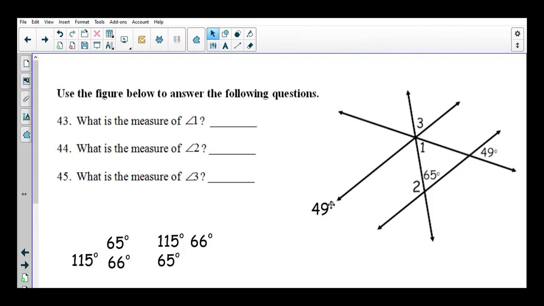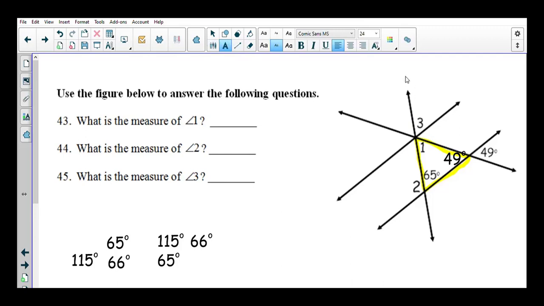So first off, I know that this angle is 49, so that means this angle in here is also 49 degrees. You have a triangle smack dab in the middle of this picture. If you know, which you'll know after the next lesson for sure, that the three angles in a triangle have to add to 180 degrees, the way you could figure out the measure of angle 1 is to do 65 plus 49, which is going to get us, let's see, 5 plus 9 is 14.